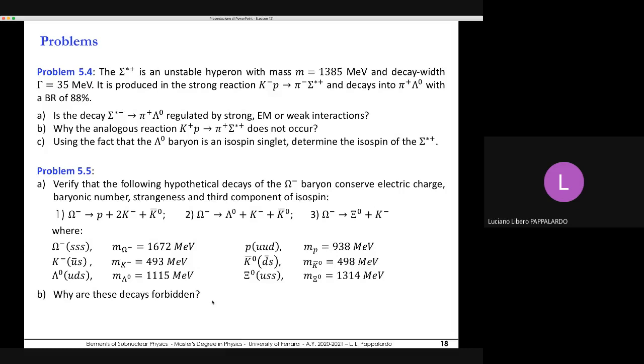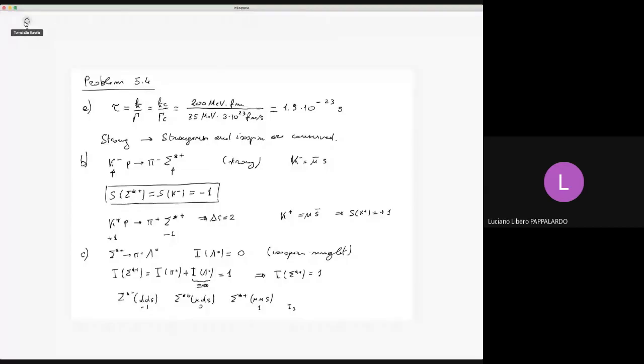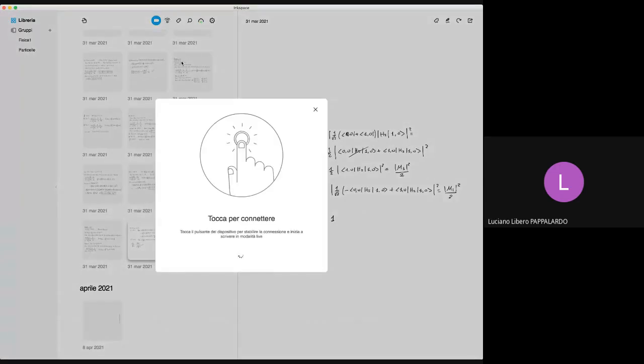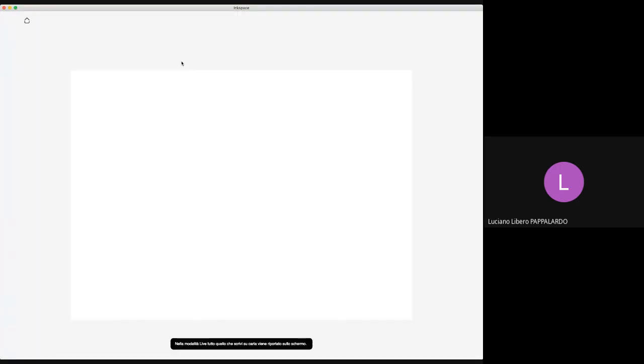The second question is why all these decays are actually forbidden. All right, so this is problem 5.5.